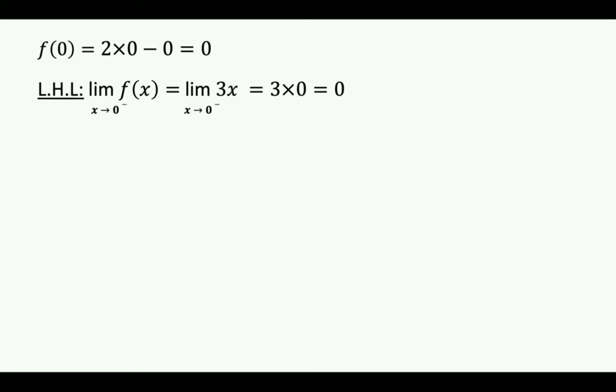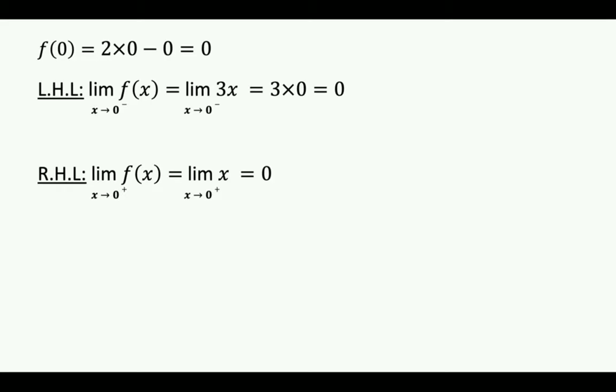Now left hand limit x tends to 0 negative, f(x) equal to limit x tends to 0 negative, 3x equal to 3 into 0 equal to 0. Here 0 negative means less than 0.